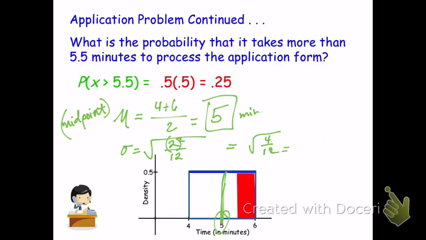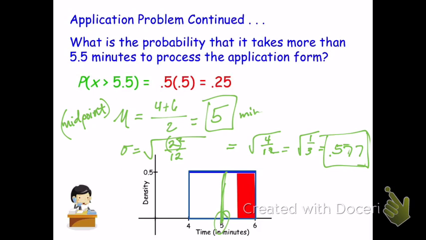So the square root of 1/3. 0.574, something like that. Actually 0.577. Okay. Did you do that in your head? No. I was about to be really impressed.